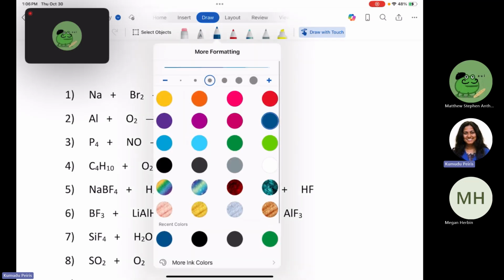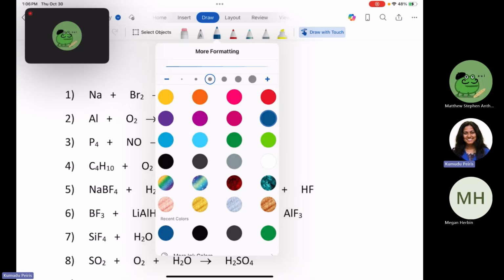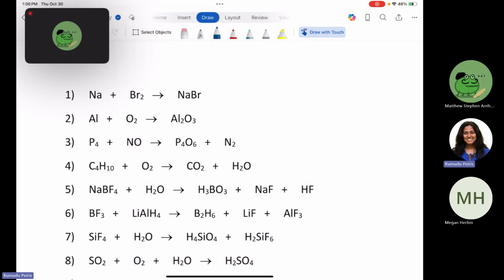So when we are balancing the chemical equations, first of all, the first one is a very easy one since we have only two elements, sodium and bromine.